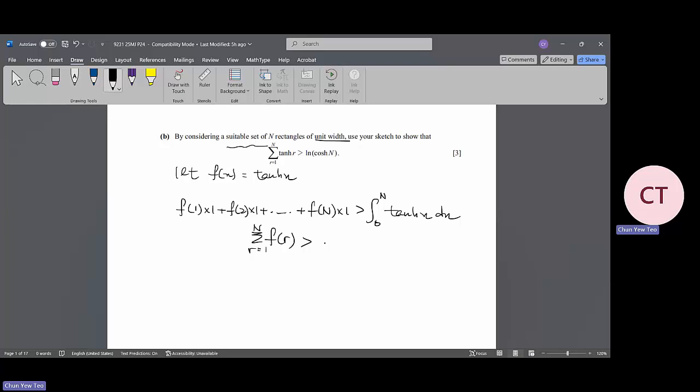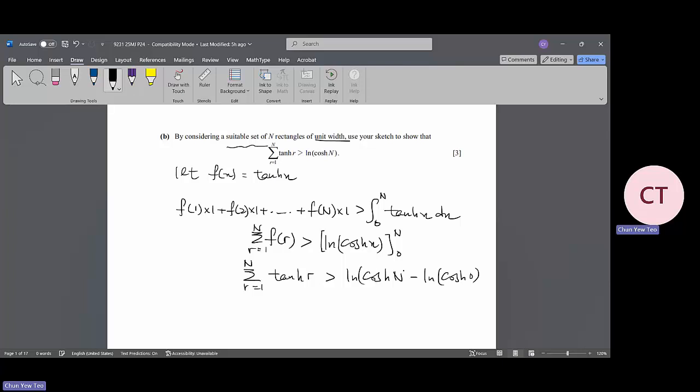If you integrate them, you will get ln cosh x from 0 until n. So the left-hand side can be written as the sum of tanh r greater than ln cosh n minus ln cosh 0.